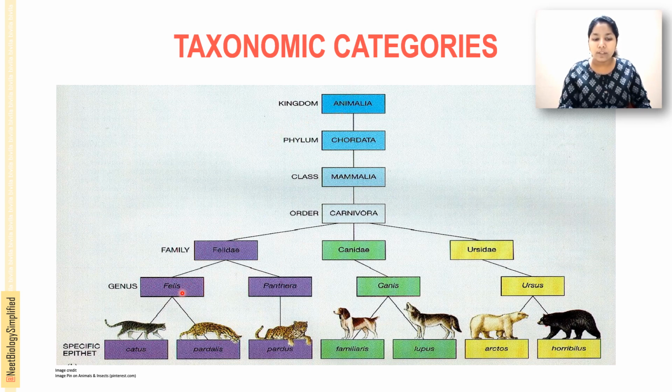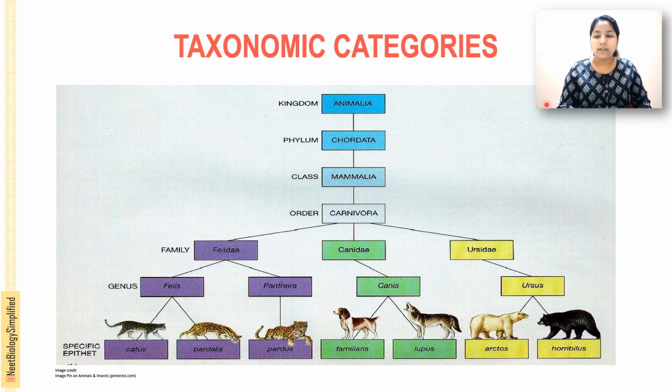But if you come to the species level, you can see that they are very specific, right. Here the individual characters will be there, and different species can be seen under the species, and they are specific. So that is what we studied in this section, taxonomic categories.